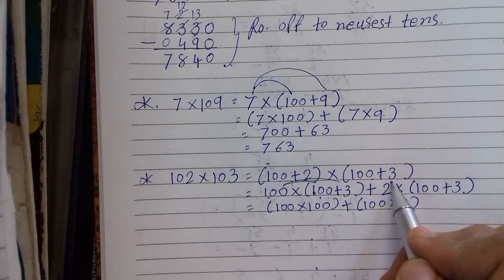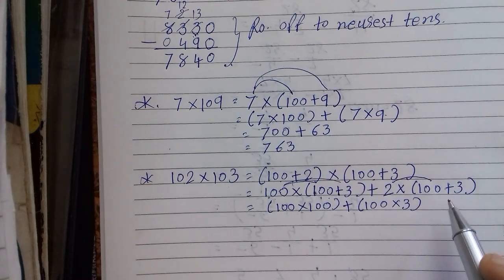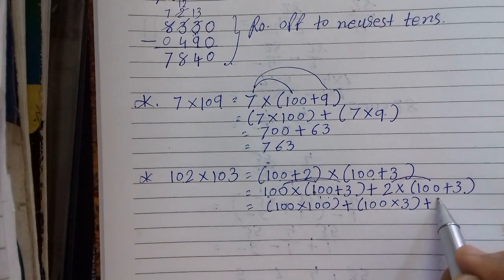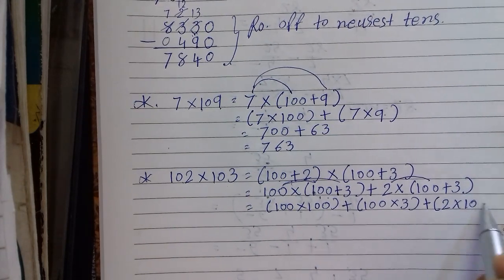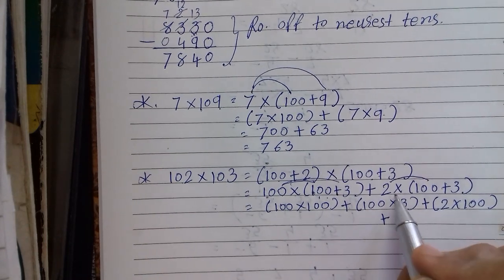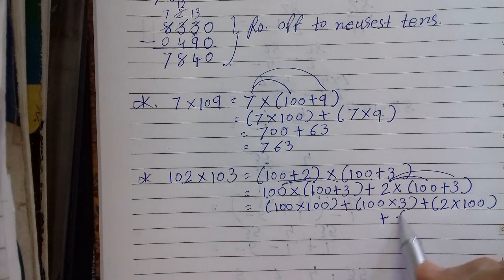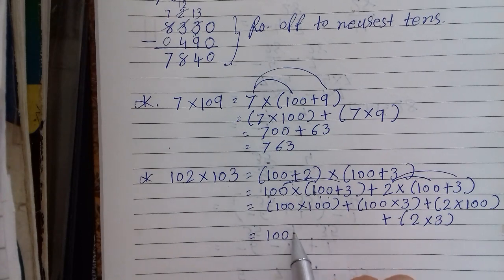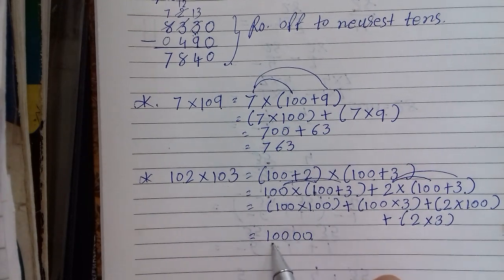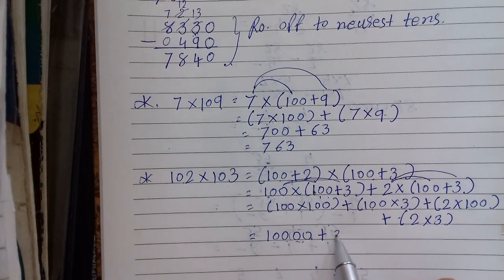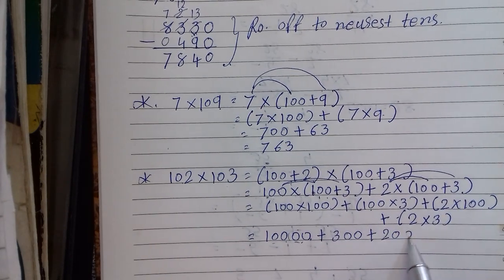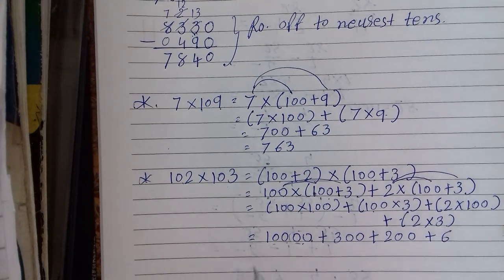Here is the same process, distributive property. 2 multiplied by 100 plus 2 multiplied by 3. Now 100 multiplied by 100, 100 ones are 100 and put this 20 plus 100 multiplied by 3, 300 plus 2 multiplied by 100, 200 plus 2 3s are 6.